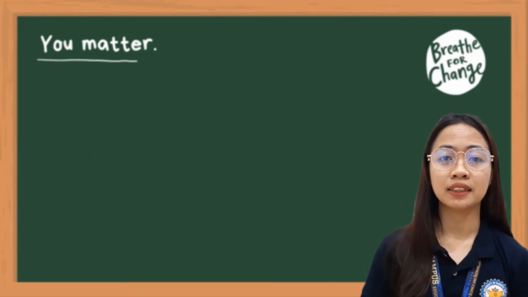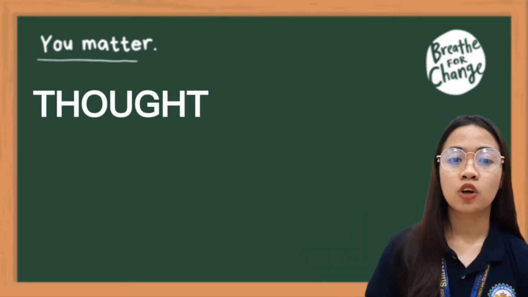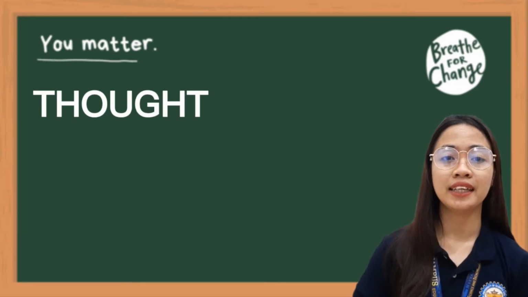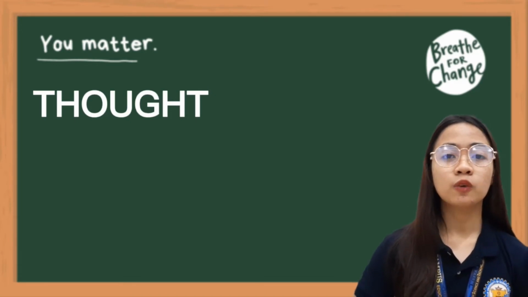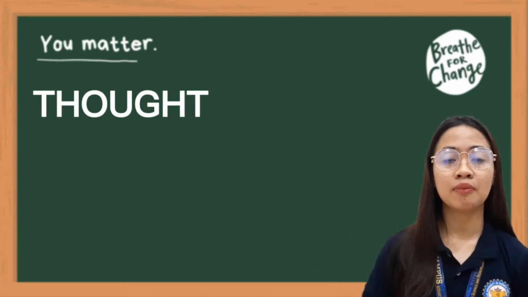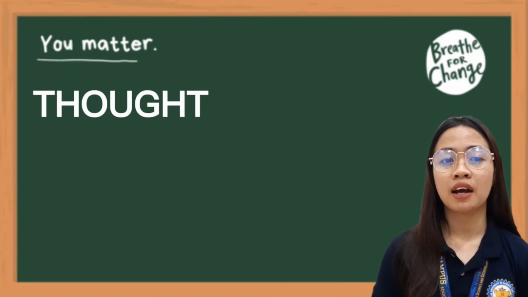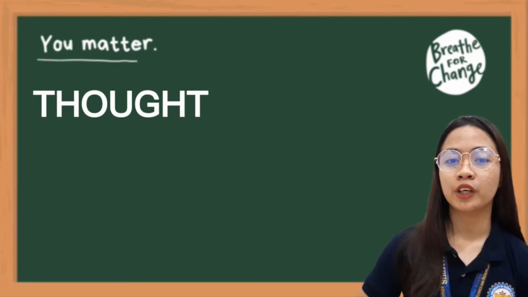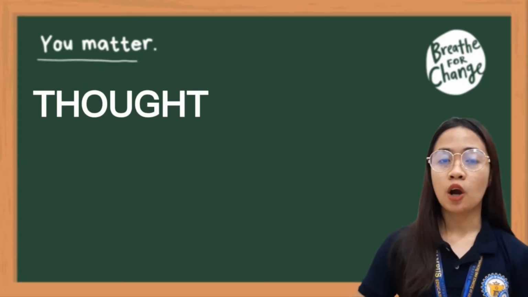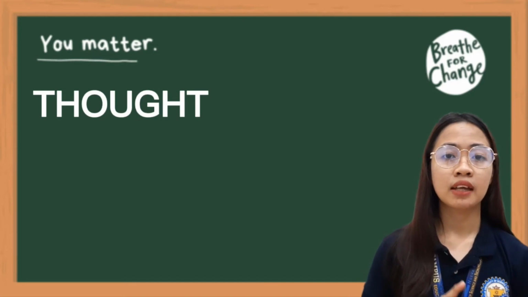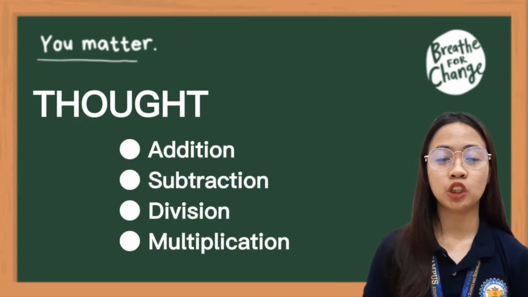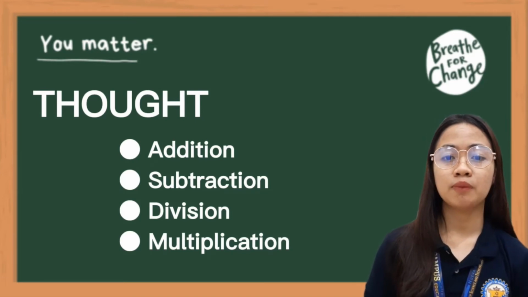Second step is the thought. So what do you think are the operations being used to find the answer? Since this is an algebra word problem, we will encounter the different operations like addition, subtraction, division, and multiplication.